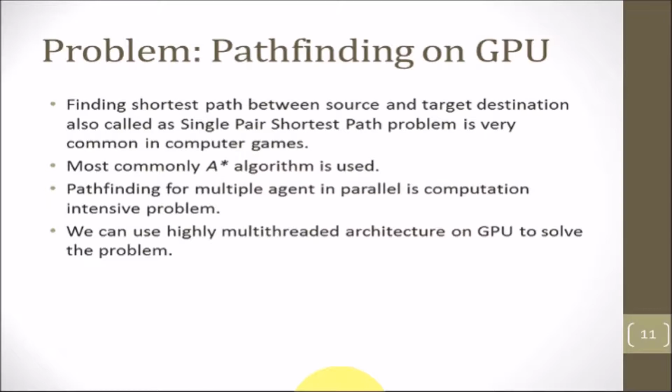The CPU has a limitation on the number of threads it can create. So we want to try using the highly multi-threaded architecture of GPU, where we can launch thousands of threads together to solve the problem.